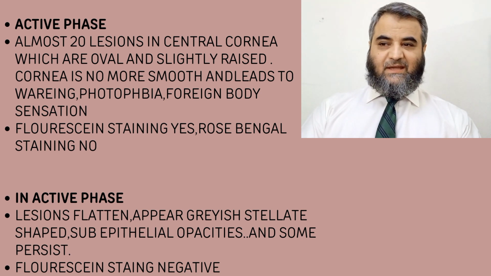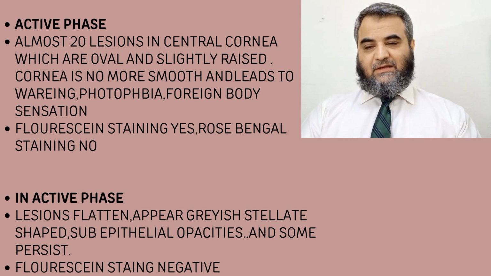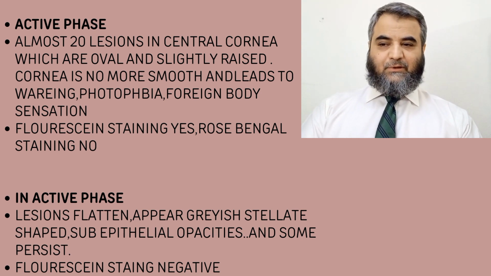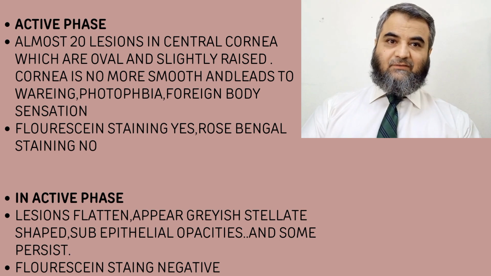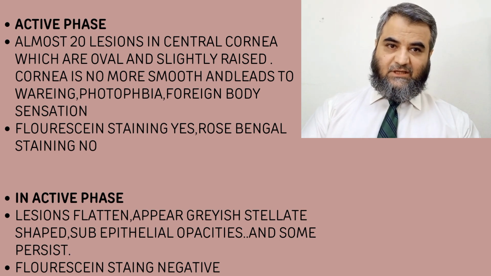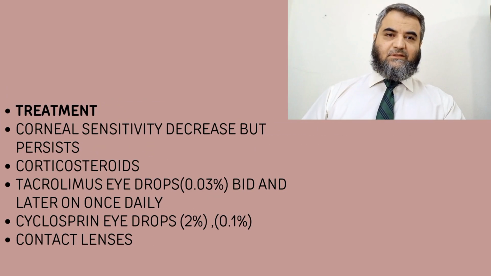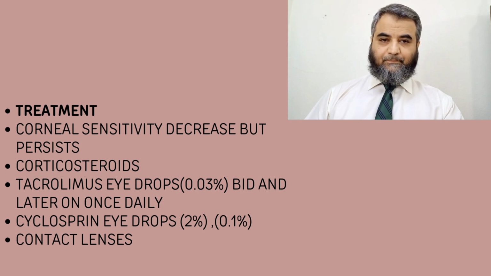If you stain at this inactive stage, when the lesions have flattened and attained the grayish appearance, the fluorescein staining will not be that positive. In fact, it will be negative at this inactive stage. Corneal sensitivity in these patients is decreased, but it is never absent, as it occurs in herpes disease.